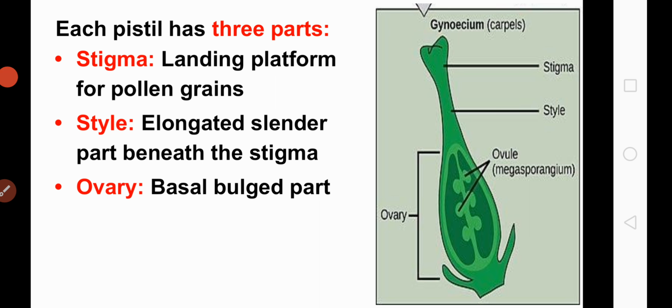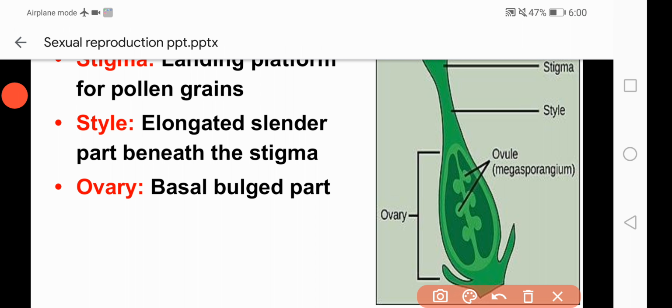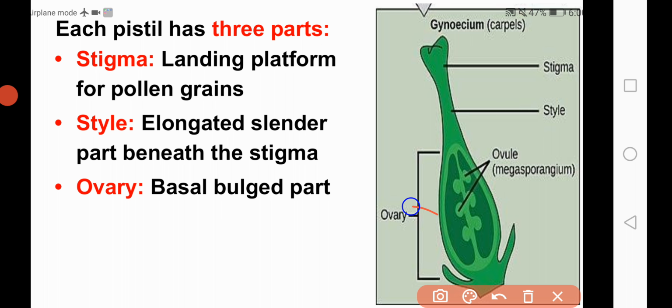Am I clear? So within the ovary there is a locule. This portion is the ovary, which is a bulged portion, and within the ovary the chamber is called as the locule or ovarian cavity, and in the locule placenta is present, and from the placenta many ovules are produced. Am I clear?